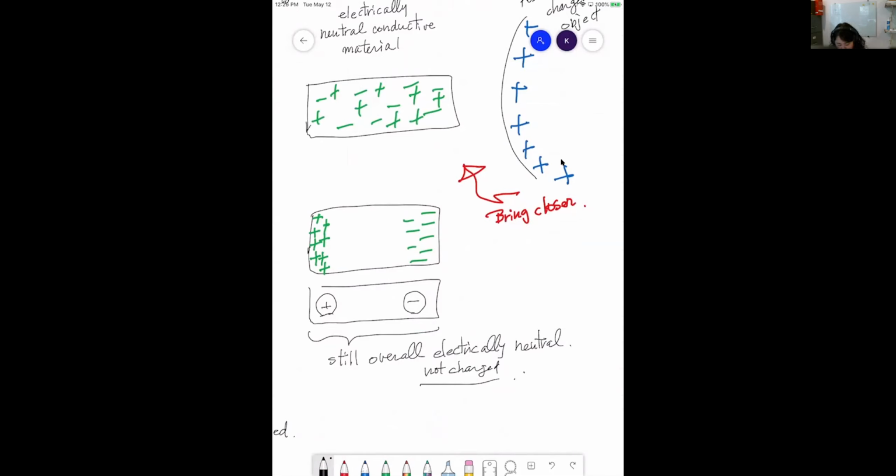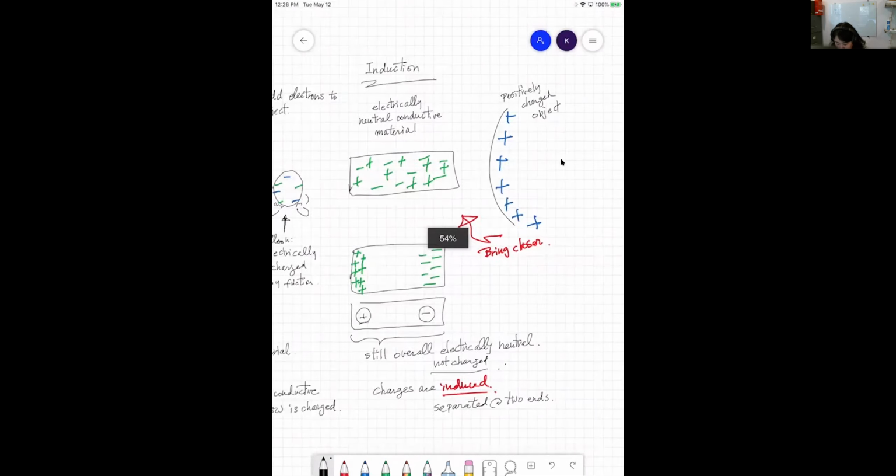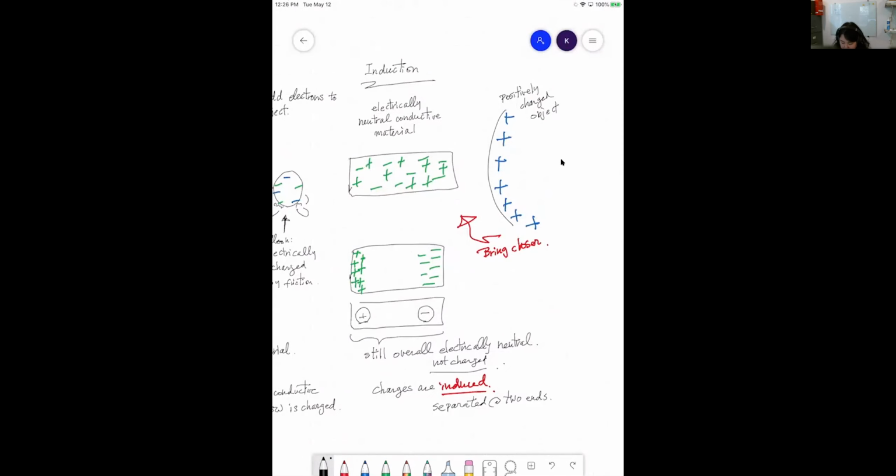So you just have a charge that's induced, and that means that charges are separated at two ends. And this is the process of induction.